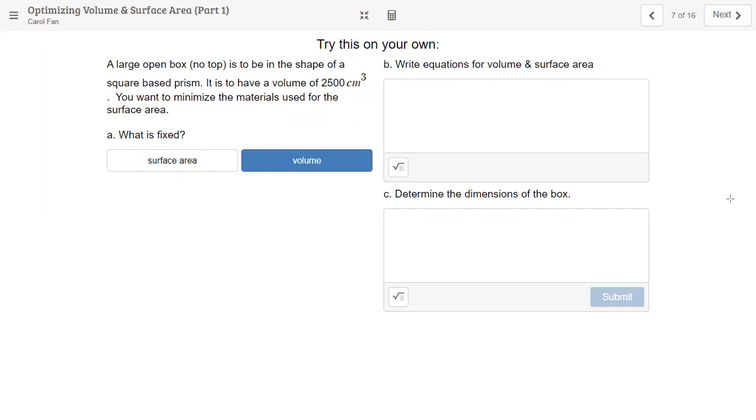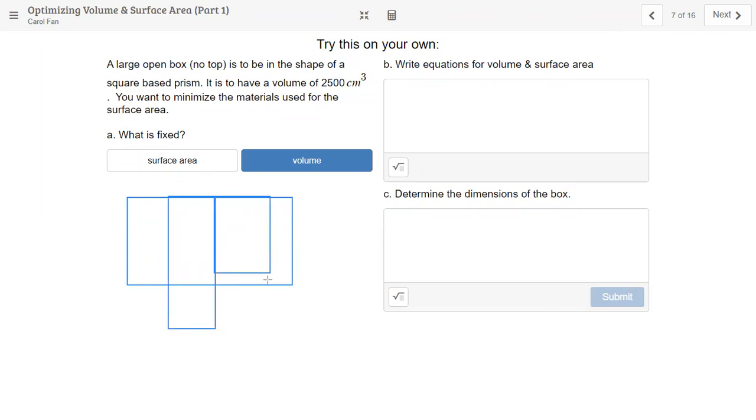So once again, I'm going to draw a diagram once I can find my cursor. We have a box and it has a square base. So when I have a square base, I'm going to label my sides.